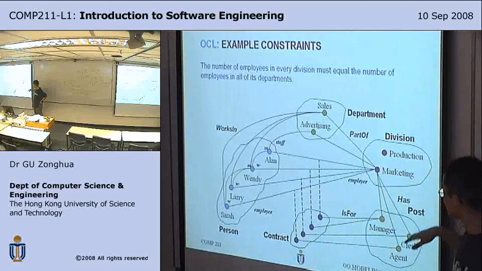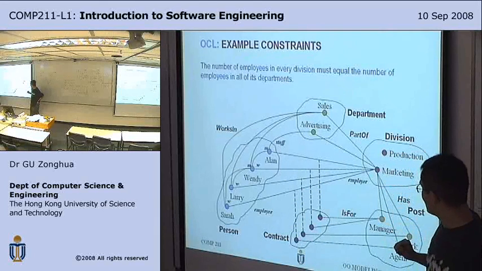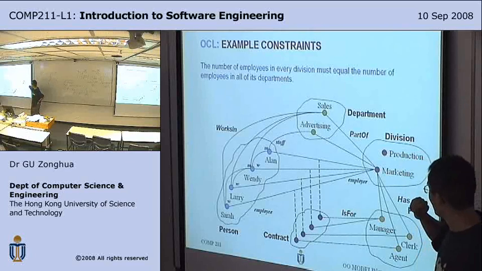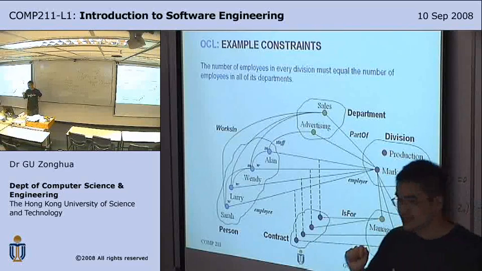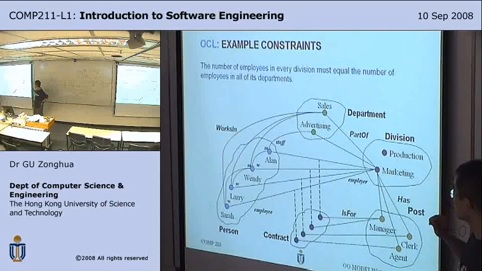The marketing division has 2 departments, sales and advertising. The production division has no departments. The association has star multiplicity on the department end. Therefore, a division can have 0 departments.